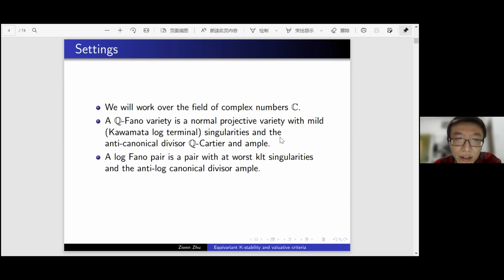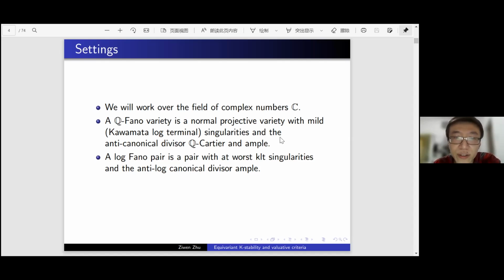We'll also work with a more sophisticated notion, which is the generalization of Q-Fano varieties: the log Fano pair. This is a variety with a boundary divisor such that the log canonical divisor is Q-Cartier and ample.